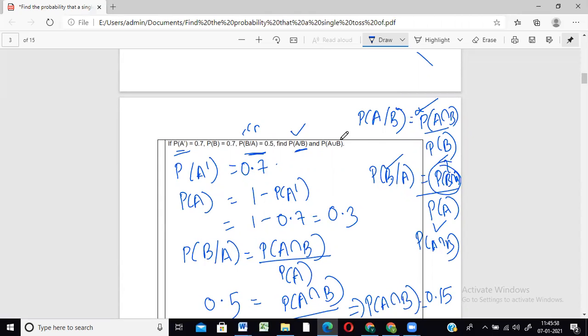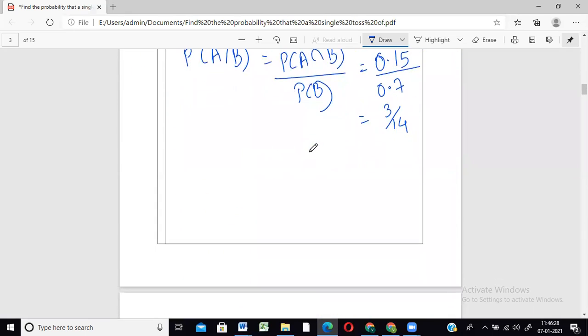Then the occurrence of at least one of the events, that is A or B, can always be written as this formula: probability of A plus probability of B minus probability of A intersection B. This was your addition theorem. Now with the help of this, we can easily find out probability of A union B.